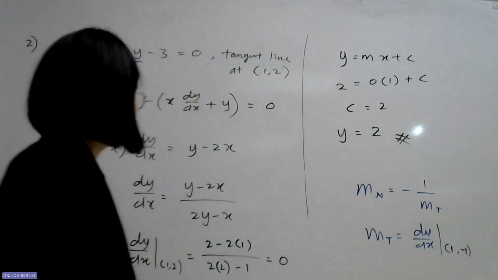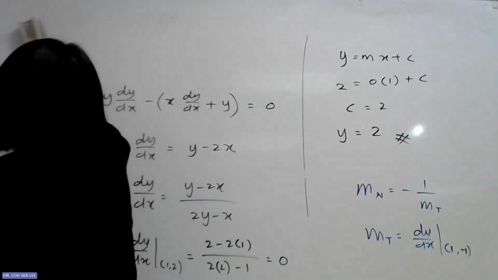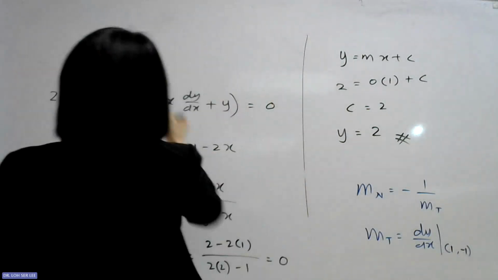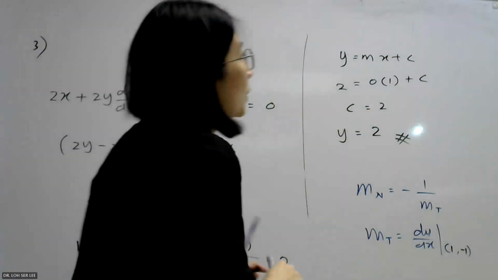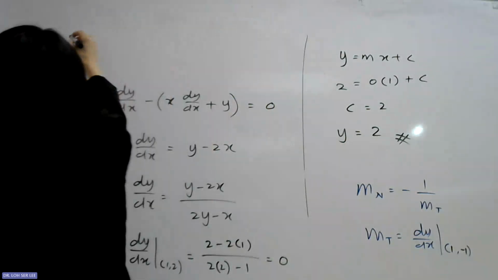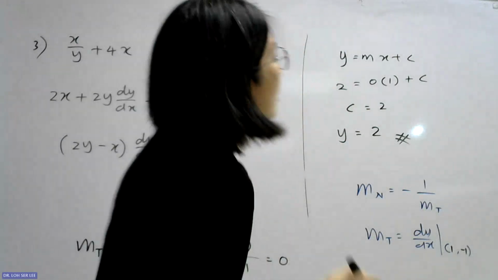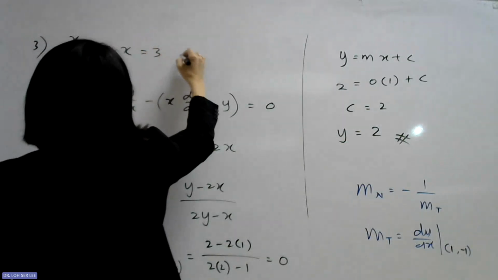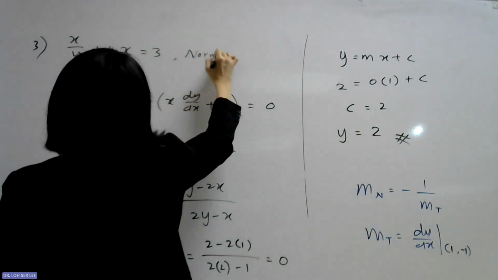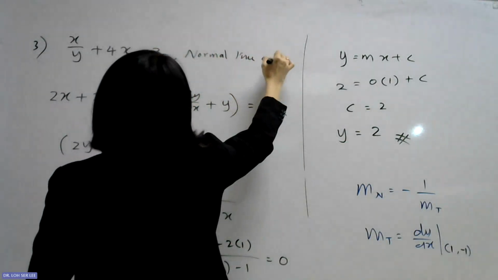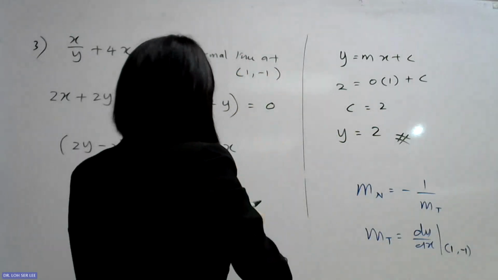So for question number 3, find the dy dx first: x over y plus 4x equals 3. This is for the normal line at 1, -1.